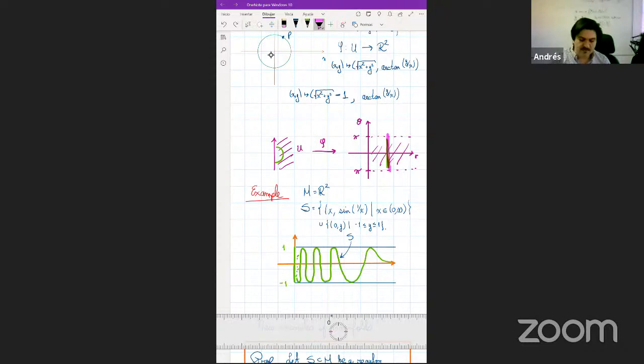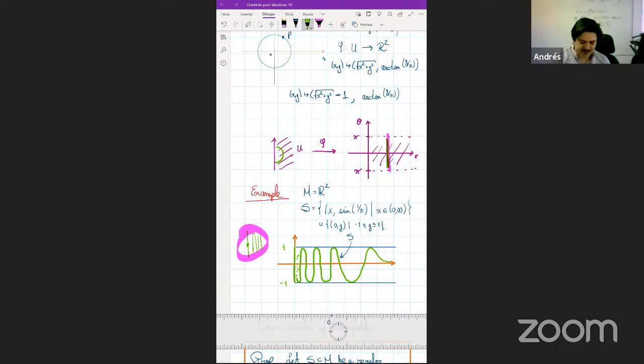If you take a point on the vertical segment, take any point and take any neighborhood. It doesn't matter if it's very small, you will have many vertical lines like this. And this local picture shows you that S inside U doesn't look like the vanishing of some coordinate. You have several vertical lines, always.